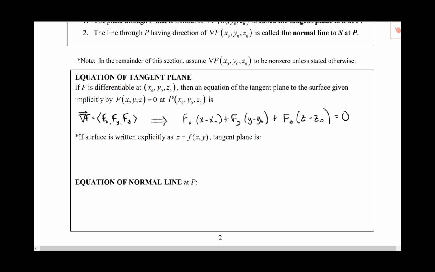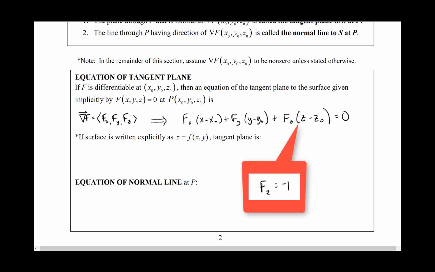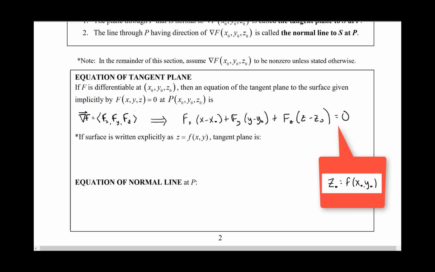Well, note, if we have it written in the form z equals f of x, y, we could subtract the z over and have 0 equals f of x, y minus z, which means the partial of that equation with respect to z would be negative 1. We also have that z naught would simply be the point. In addition, the z naught value is simply the z value of that little f function. It's the f of x naught, y naught.